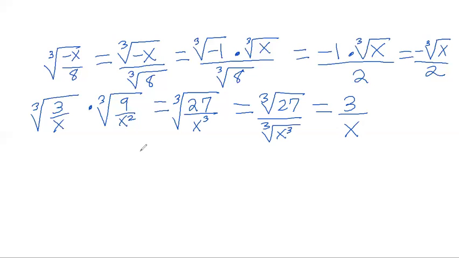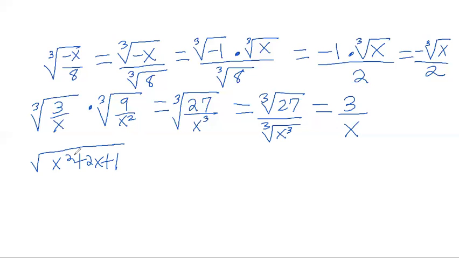Okay, now let's look at dealing with square roots of an expression. Suppose I have the expression x squared plus 2x plus 1, and I want to simplify that. At first glance, you would think, oh, I can't do anything with that. I can't simplify it. But we have to be sure.